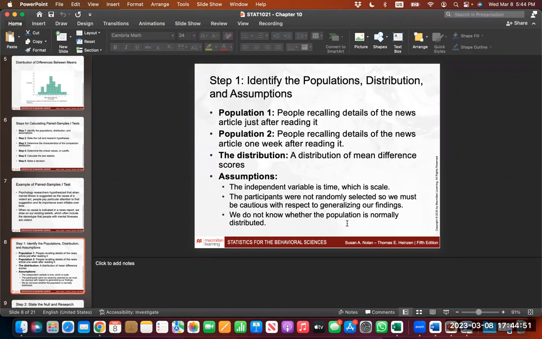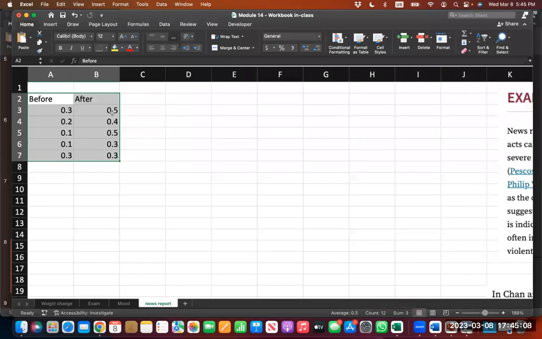Then they're followed over time. And then it's people recalling the details of the article 1 week after reading it. And we are again comparing this against the distribution of mean difference scores. Again, we have mean difference scores of 5 people. And we're comparing this before and after.